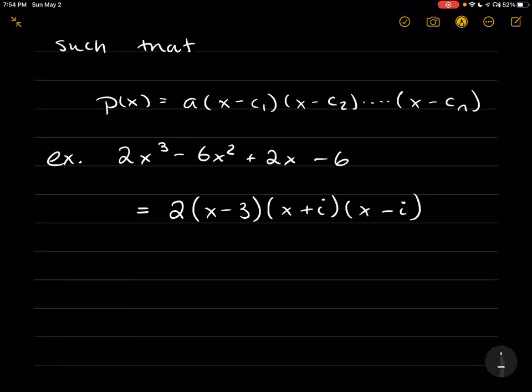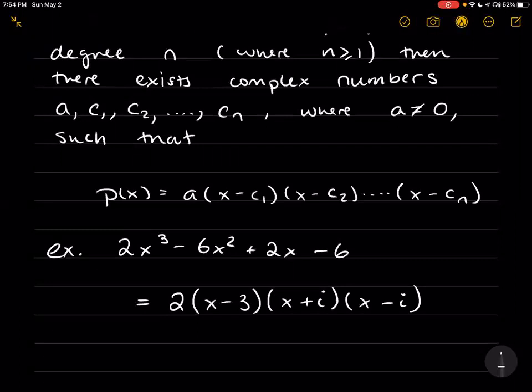So here, if we look at what our theorem is saying, for this polynomial, A is 2, and C1 is going to be 3, C2 is negative i, and C3 is positive i.